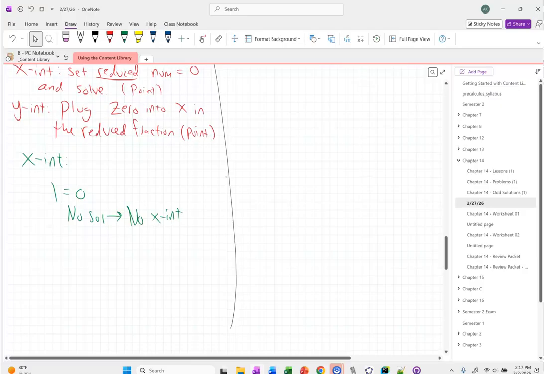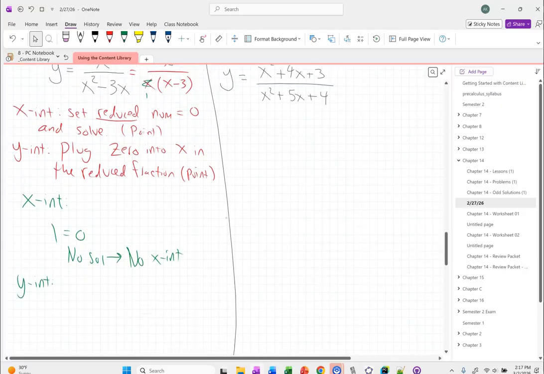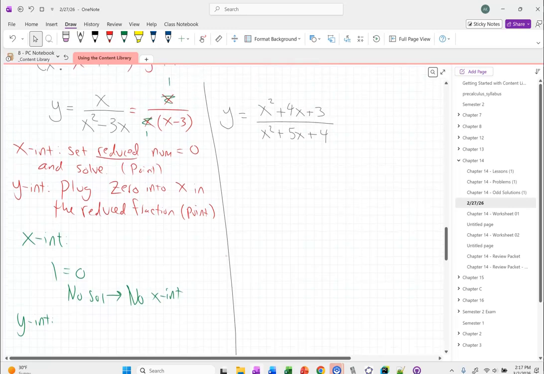Okay. For the y-intercept, I'm just taking my reduced function here, 1 over x minus 3, and I'm plugging 0 in for x.